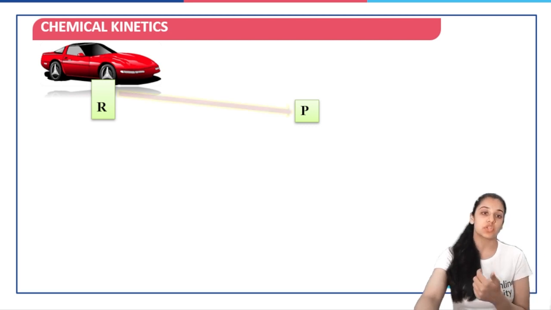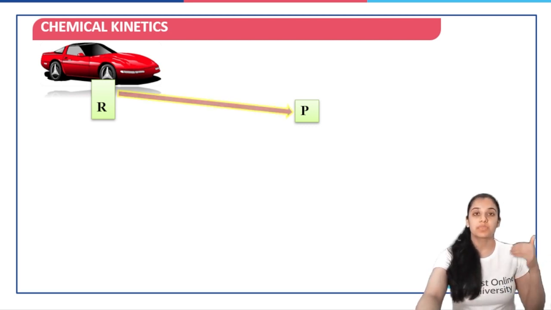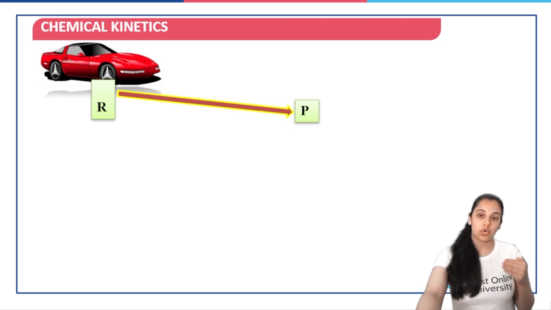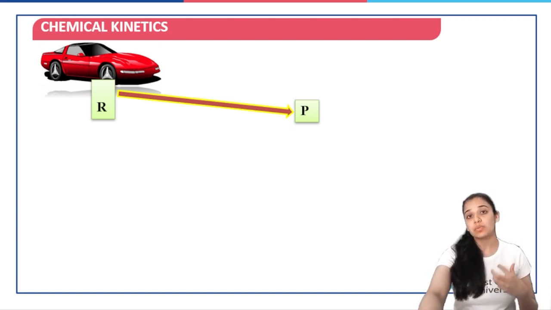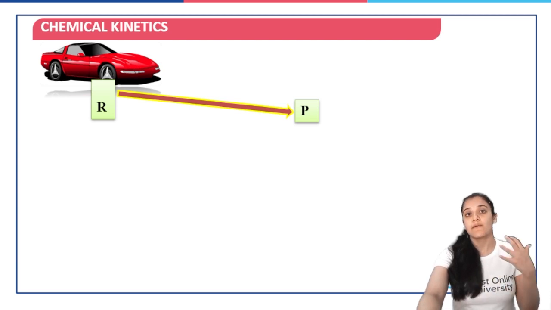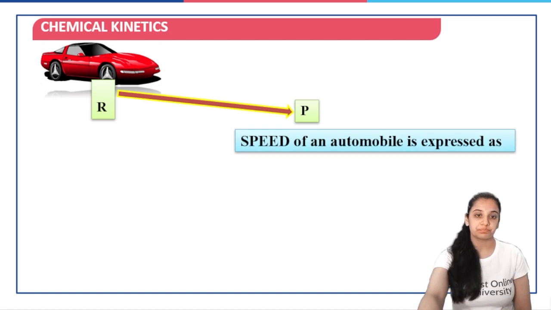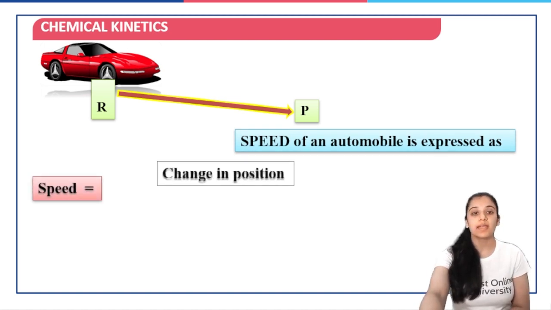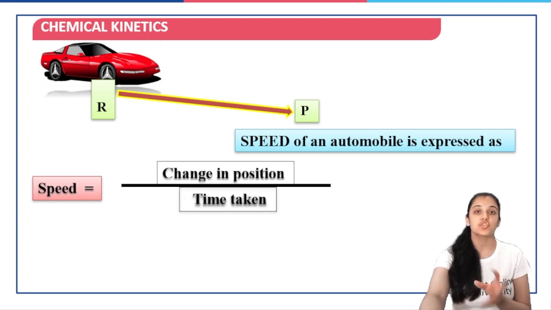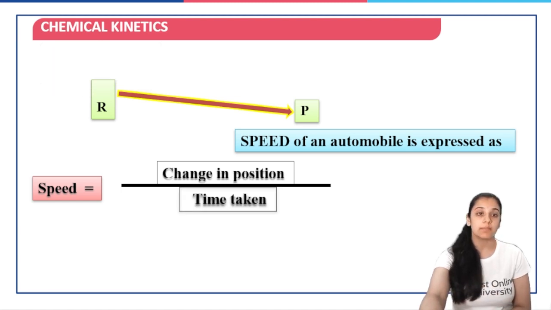Now, the speed with which our car takes us from our home to, supposedly, our friend's home, the speed is basically expressed by distance upon time. That is change in position upon time.